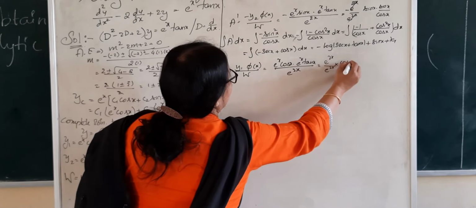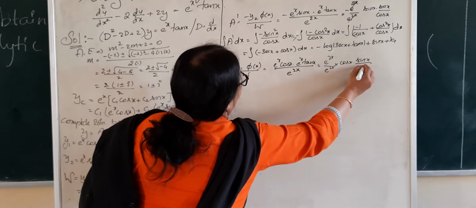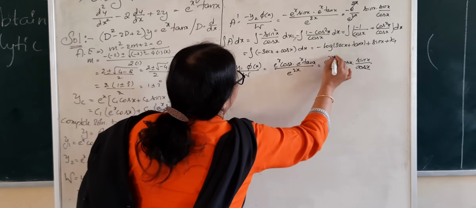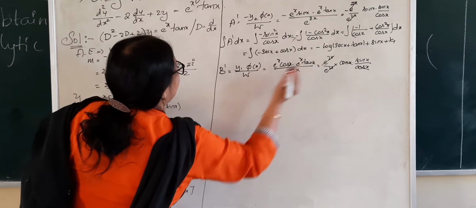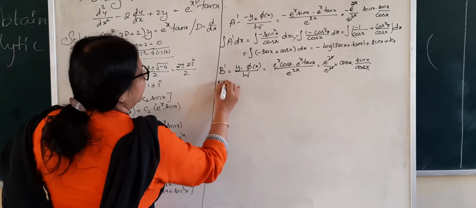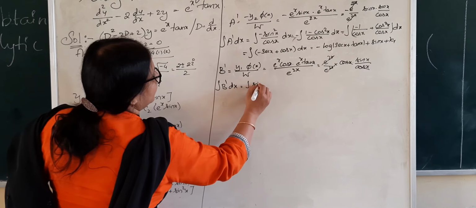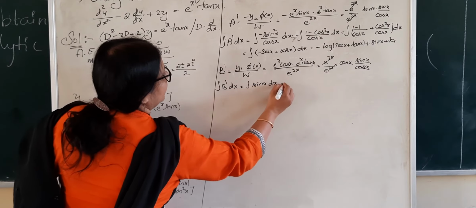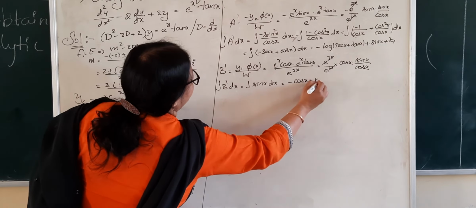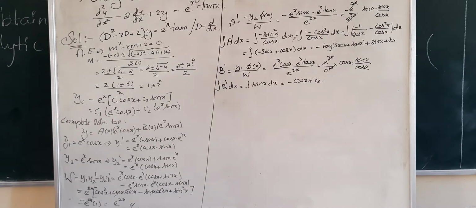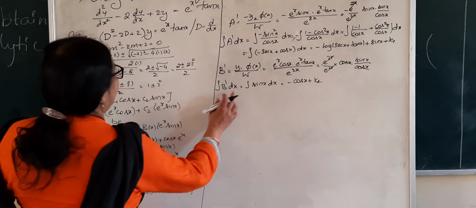Cos x as it is, tan x can be written as sin x by cos x. Here cos x also gets cut, and e power 2x gets cut. We are left with only sin x. Therefore, integral of b dash of x dx is equal to integral sin x dx, that is equal to minus cos x plus k2. Got it, guys? So these are the values of the functions a and b.